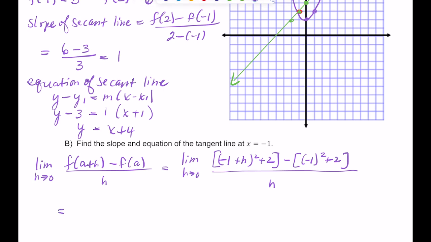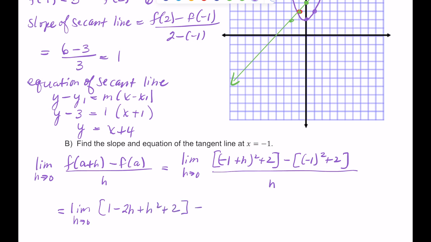So now I would have the limit as h approaches 0. If I distribute -1 plus h times -1 plus h, you're going to end up with 1 minus 2h plus h squared. That's just foiling or expanding. And then plus 2.